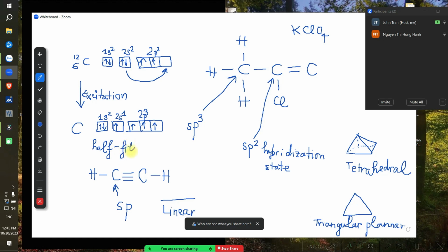And then it causes the chlorine to form 7 bonds, in the case of KClO4, for example. So not just carbon can undergo excitation and hybridization, okay?